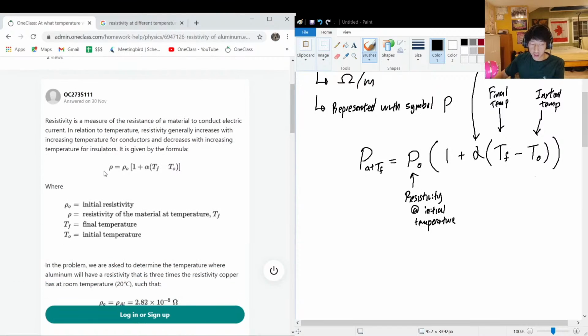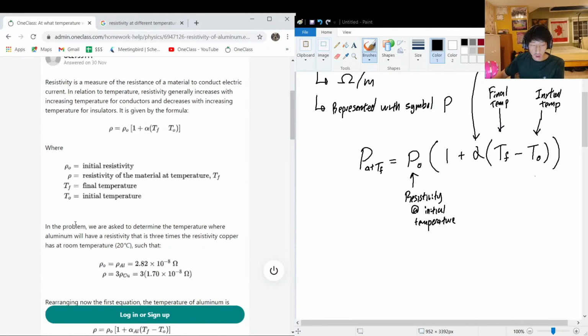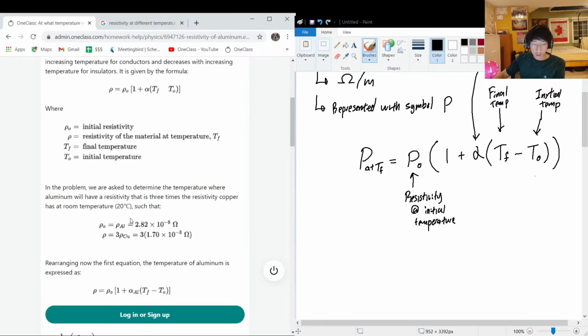Okay, so first we're going to need to know the resistivity of aluminum as well as the resistivity of copper. So here we have the resistivity of aluminum, P_Al, where Al represents aluminum, is 2.81 times 10 to the negative 8 ohm meters at 20 degrees Celsius.